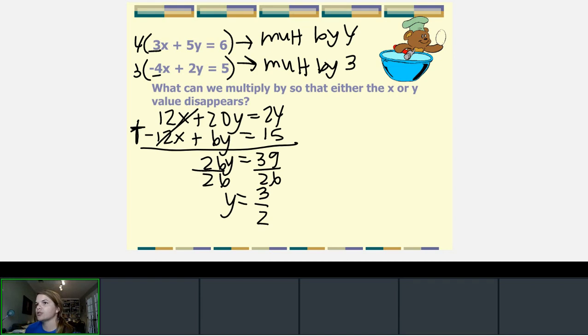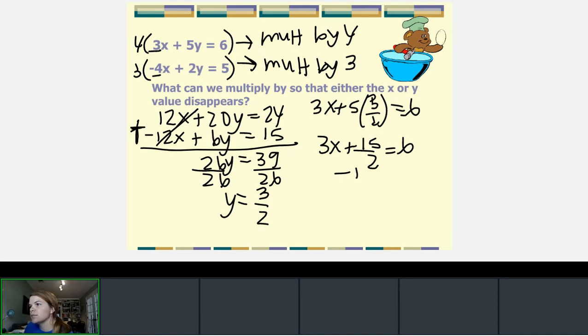And now we would just go back through and plug that in. You can do it on either equation. So I'm going to do 3x plus 5 times 3/2 equals 6. So I get 3x plus 15 halves equals 6. I'm going to subtract this 15 halves.